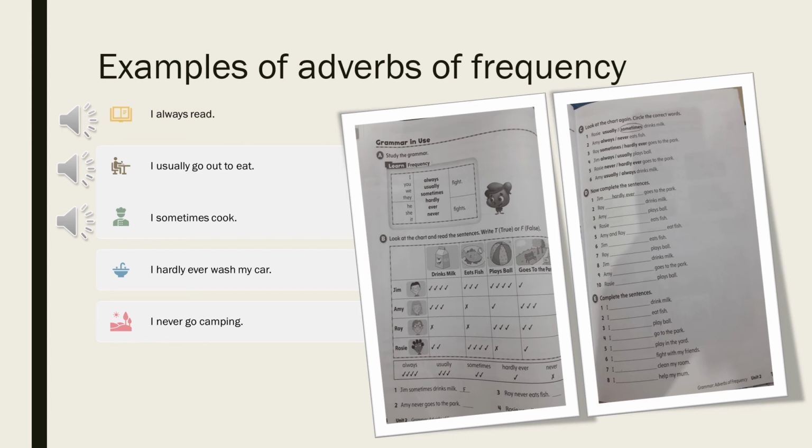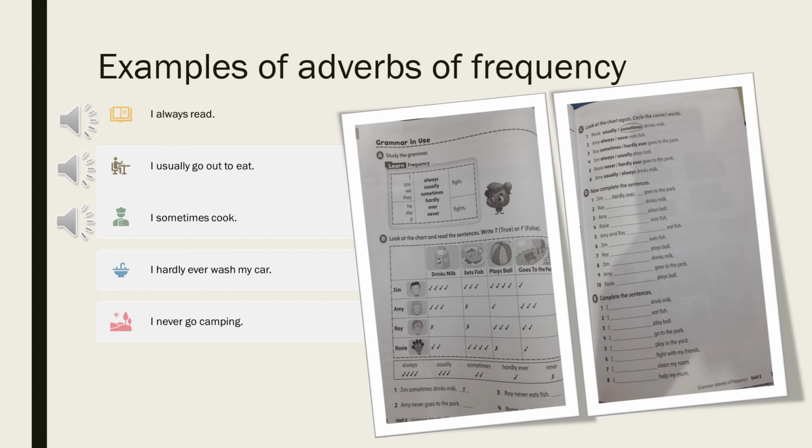Come to page number 15 of your workbook now, and I'm sure you have written the date and day already. So look at the C part now. Look at the chart again. Circle the correct words. Again, you have to see the chart which is on page number 14 and do this part.